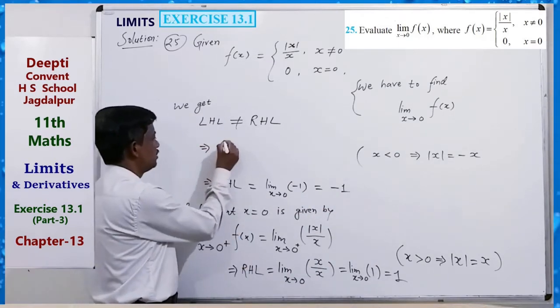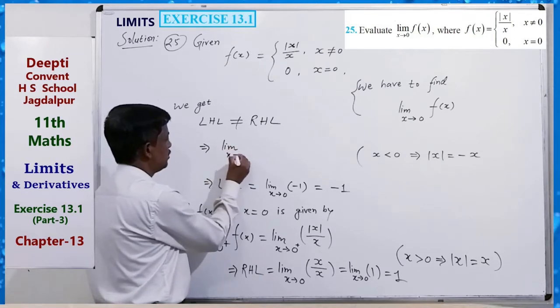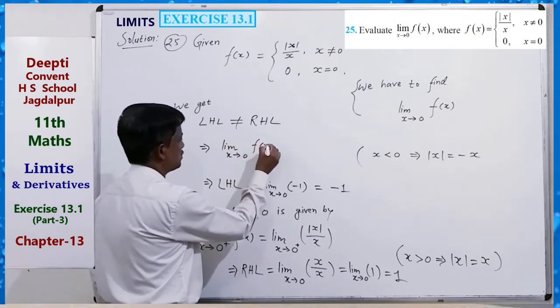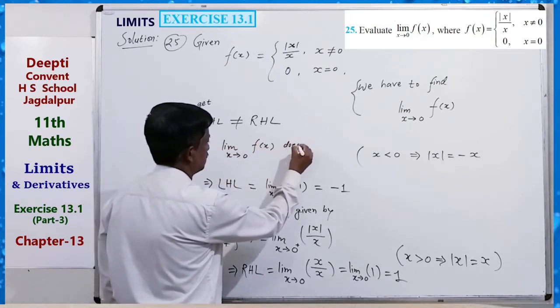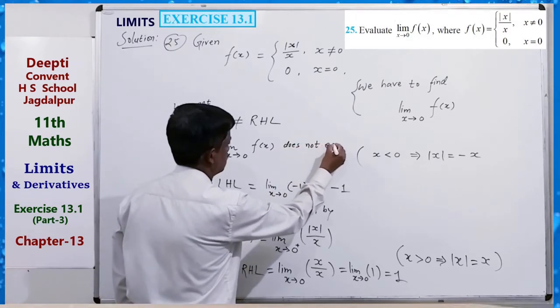That is, the limit does not exist. This implies the limit as x tends to 0 of f(x) does not exist.